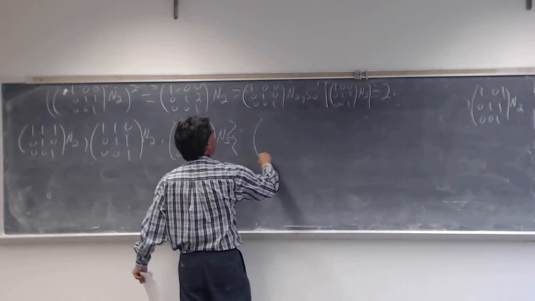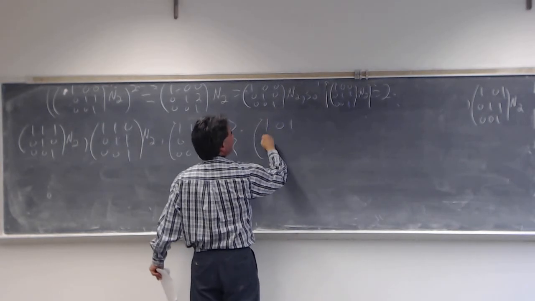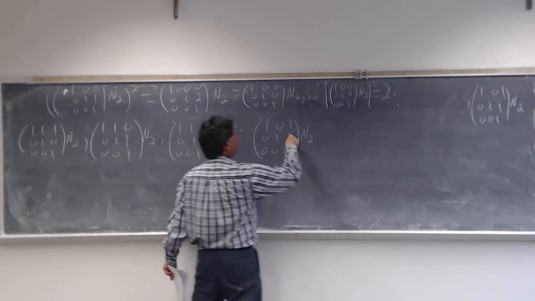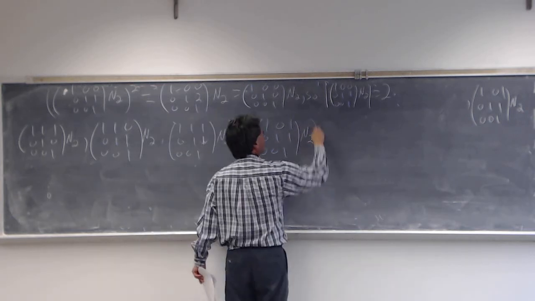So now we're moving on with this matrix. I shouldn't say that. I should say we're moving on with the coset determined by that matrix.